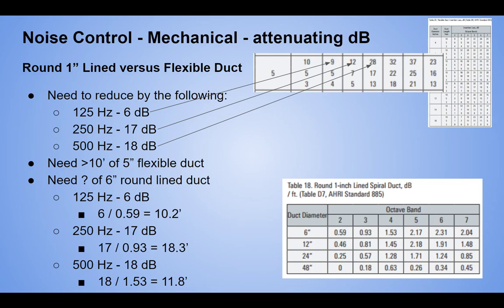We need 18 feet. And again, we don't have end reflection in here, and we don't have turns. If we added a couple elbows, we could knock 3 dB off of that, get it closer down to 14 or 11 dB, which would mean we would need about 11 feet of ductwork here.